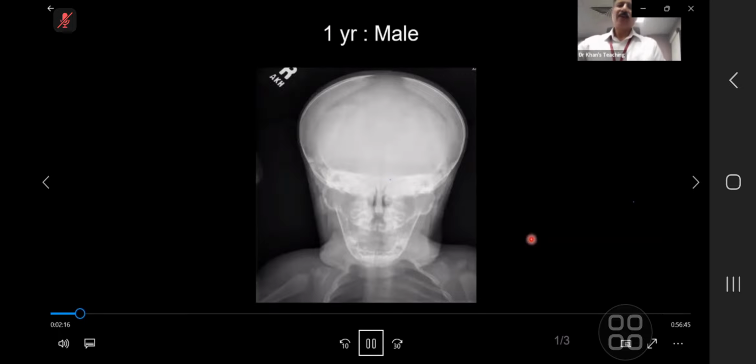Okay, well done. Before I take over, let me ask you another question. Other than cleidocranial dysplasia, anything else in the congenital world which you will consider in the differential?